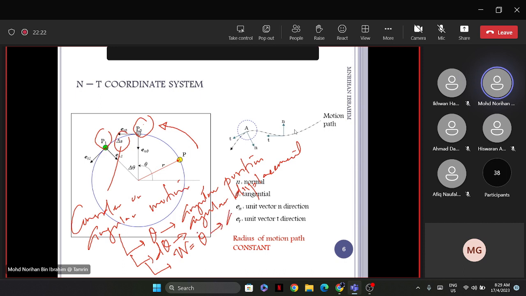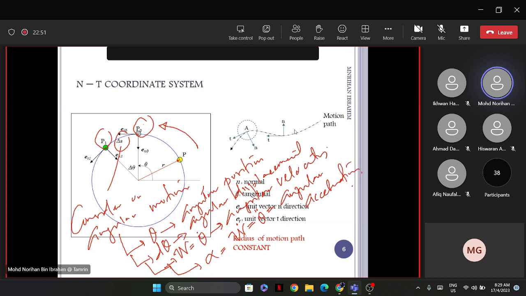This one we call angular velocity, and we need to consider also alpha, or omega dot, which is equivalent to theta double dot, the angular acceleration.